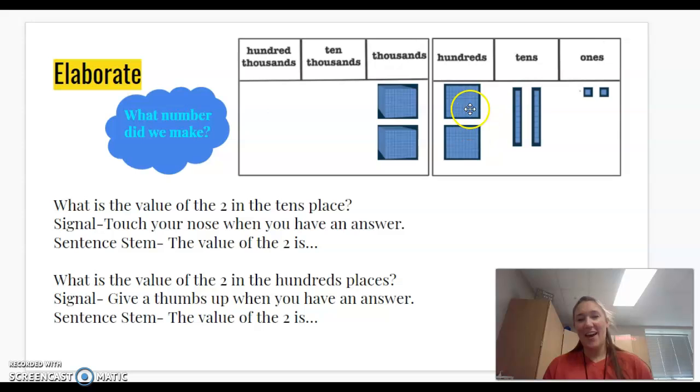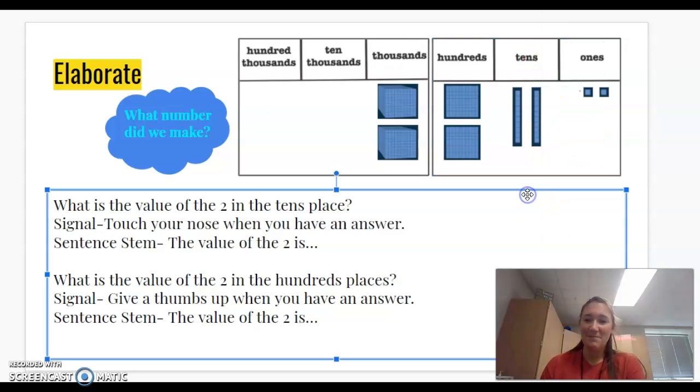Let's go ahead and look at this pictorial model. What is the value in the ones column? We have two single ones cubes in there, and so our value in the ones column is 2.